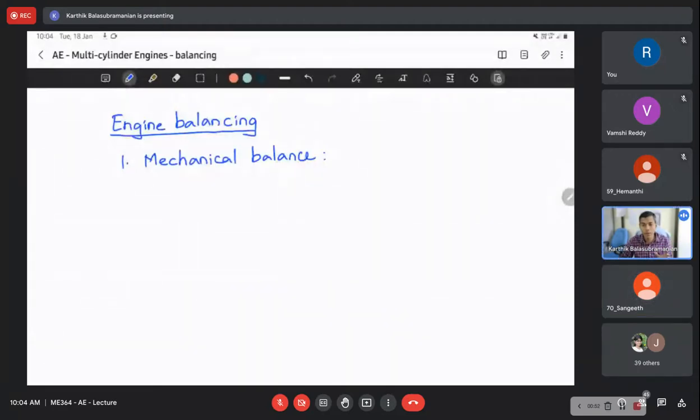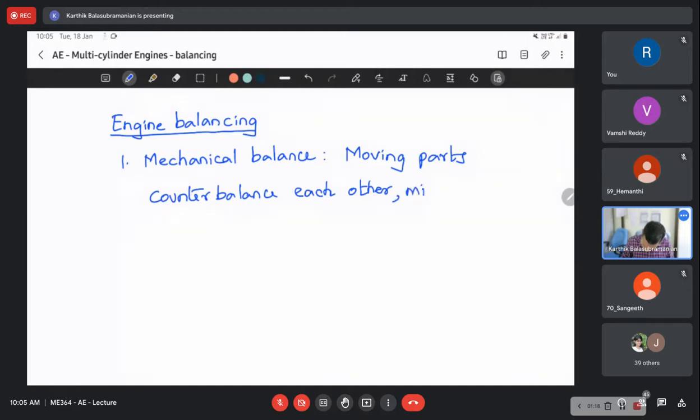Yeah, when all the moving parts counterbalance each other. So moving parts counterbalance each other, minimizing the vibrations. Right? That is called mechanical balance.